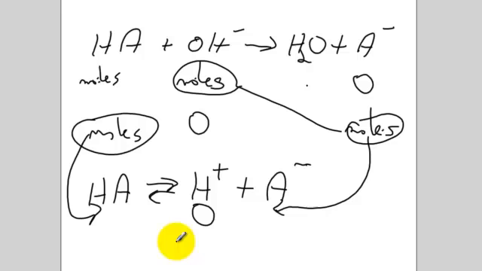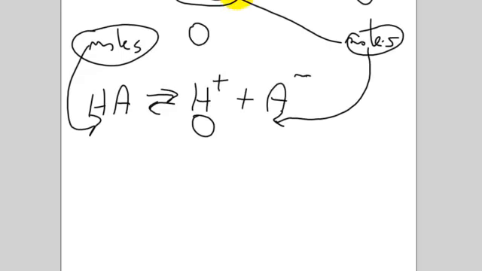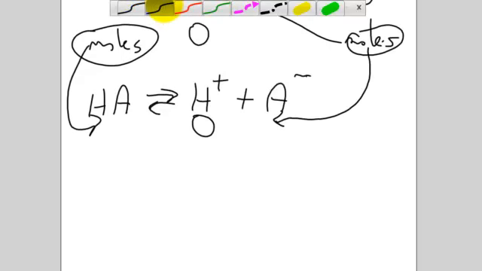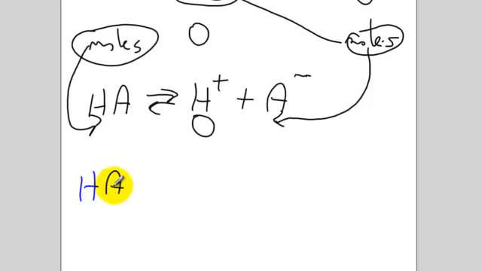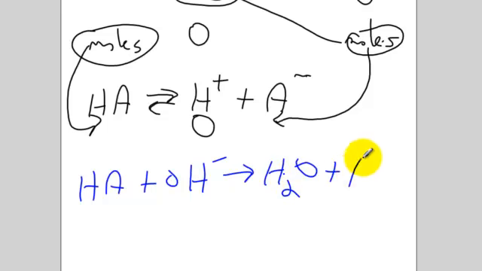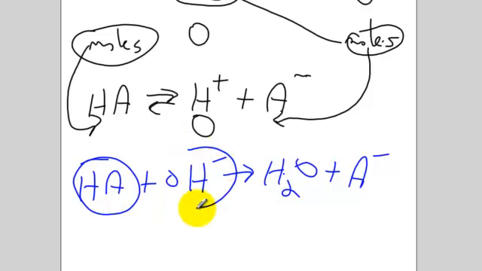That works totally well until you get to the end point. At the end point, when I say HA plus OH minus goes to H2O plus A minus, this number and this number of moles are going to be the same.